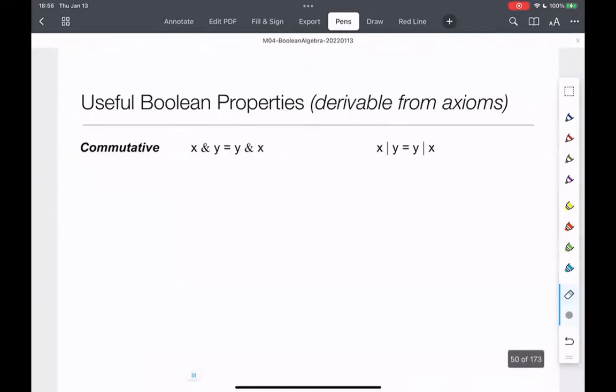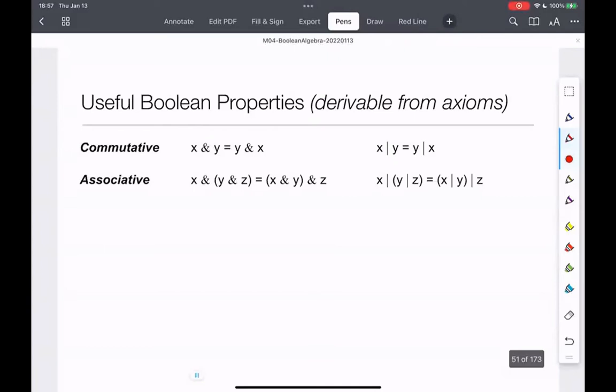So now, starting with these and these alone, there is a set of properties that exist. These properties are derivable. That's important, right? You should be able to prove them from the axioms. So it's saying the AND operator is commutative, order doesn't matter. The OR operator is commutative, order doesn't matter. So much like plus and multiply in our regular algebra.